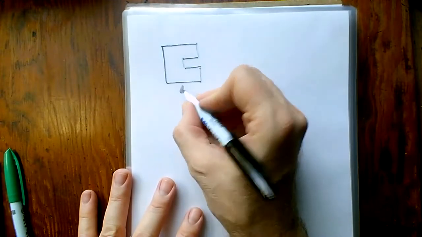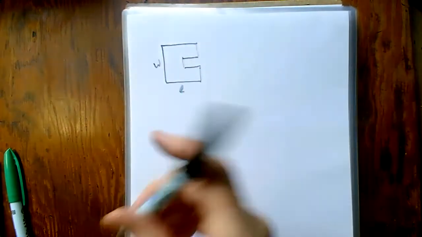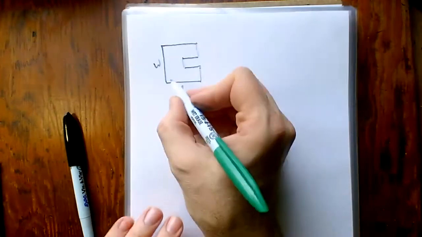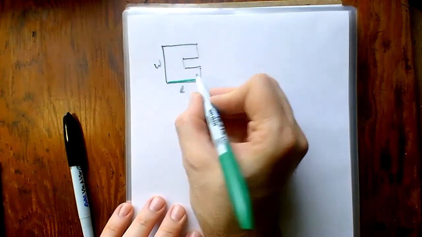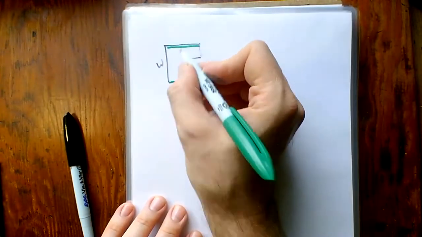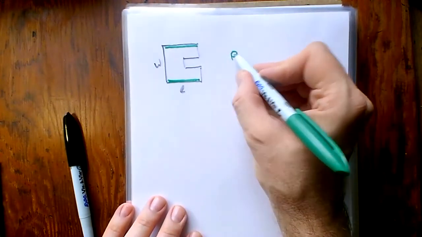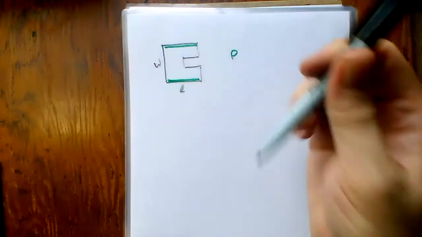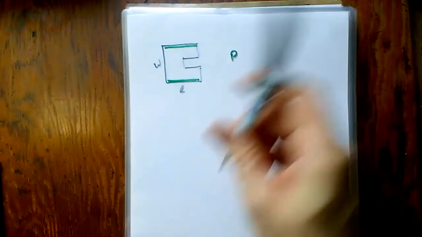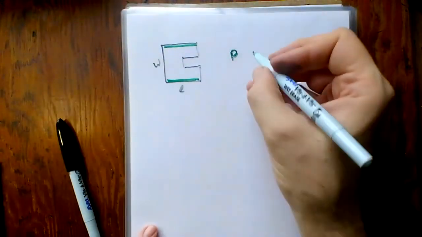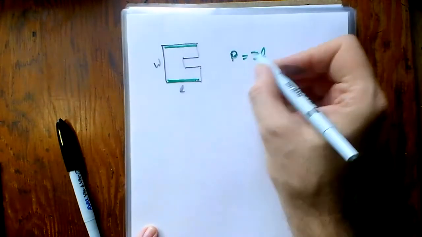I could say, oh, this is my length, this is my width. And I'm going to note that these two sides are going to be the same. So my perimeter would use 2 times that length.